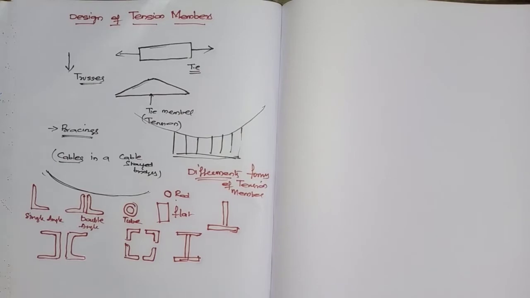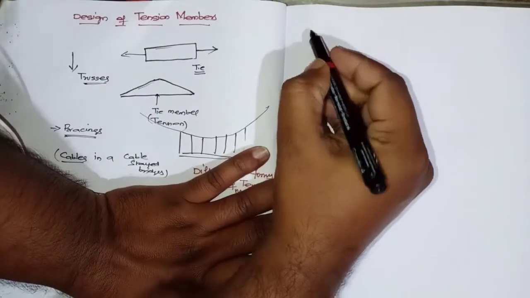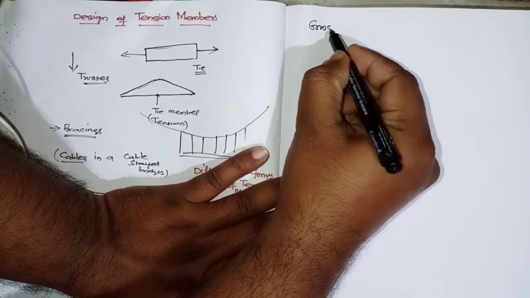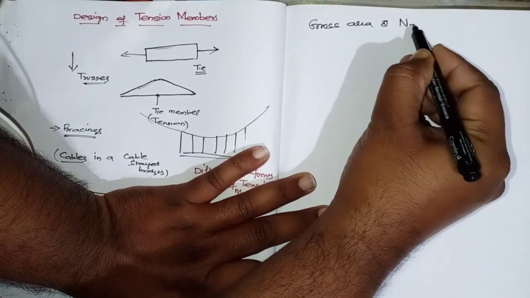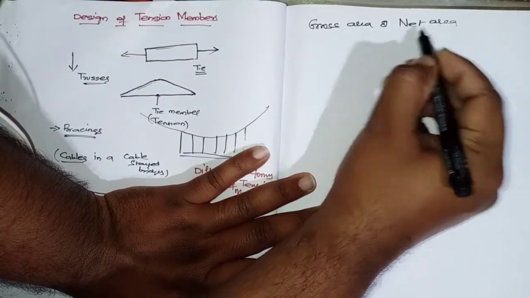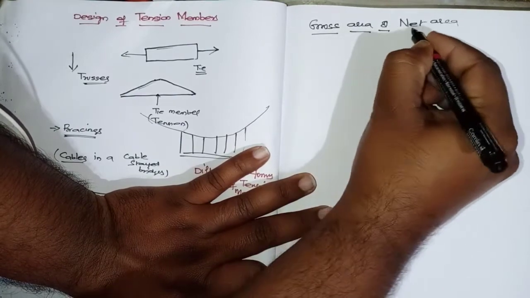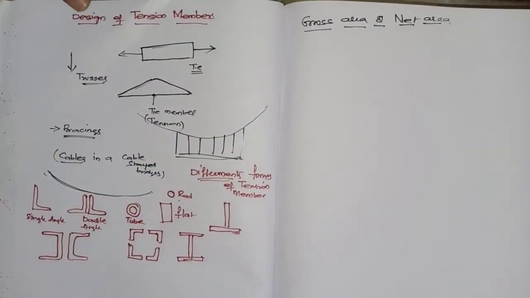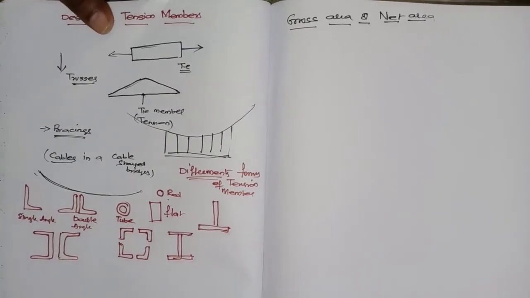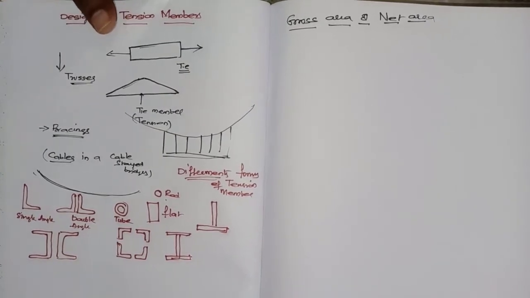Next, we'll see the difference between gross area and net area. Gross area means, suppose I am going to connect this member to a gusset plate.